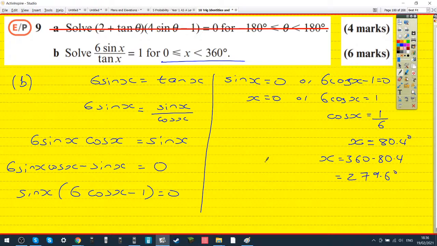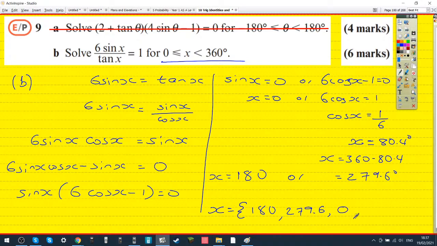How about the other one? For sine, 180. Yeah, 180 minus 0 is 180. And so what are all our solutions? 180 or 279.6. We had two more.